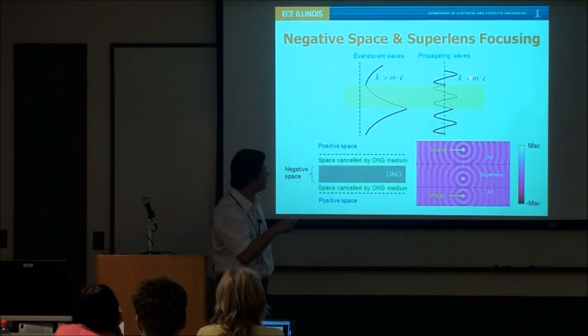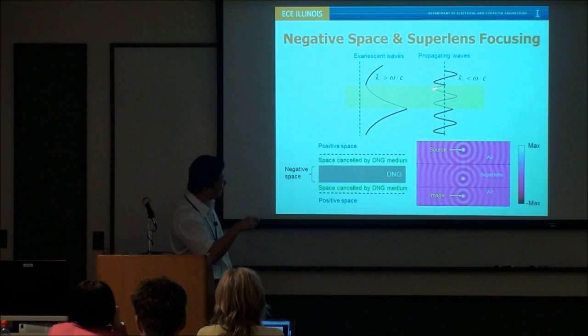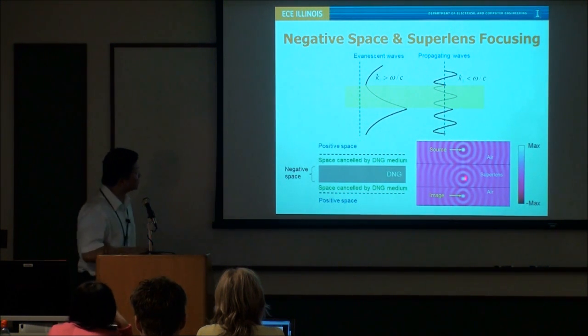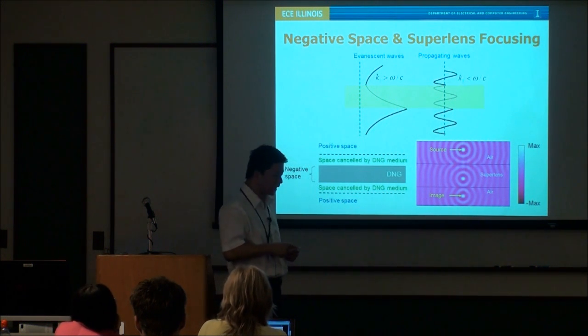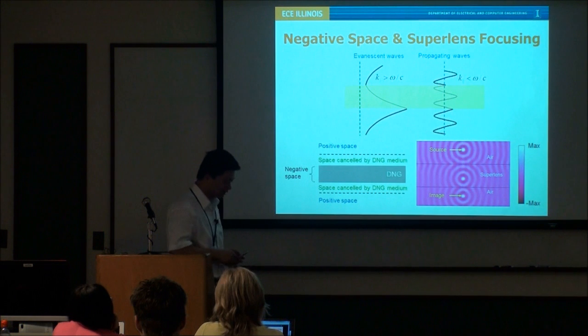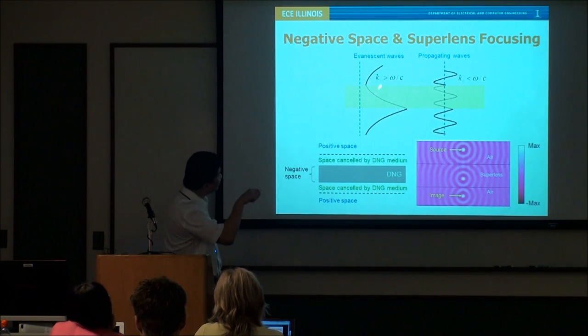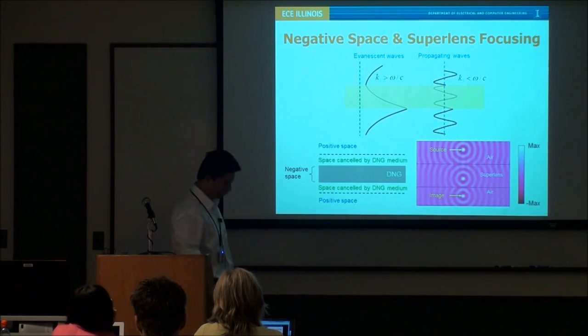But if you have a K value lower than the limit, then you will have a propagating wave with very little loss. This is what typically happens when you have very high K values in your optical information. That's why we cannot see that information from the other side of the lens.